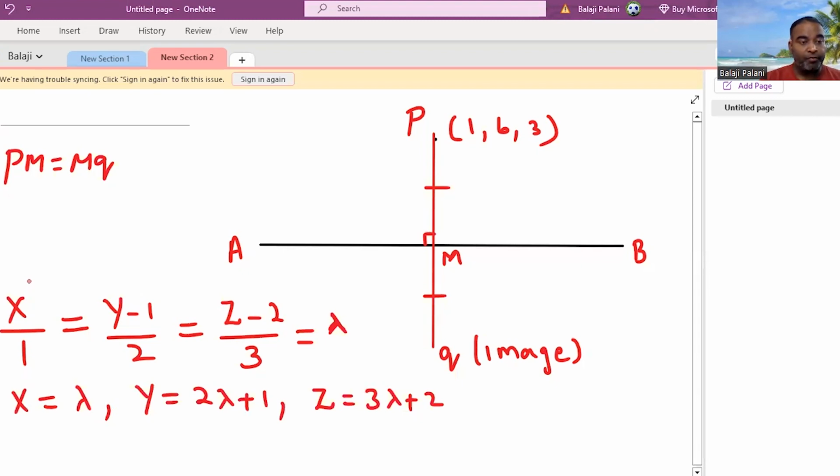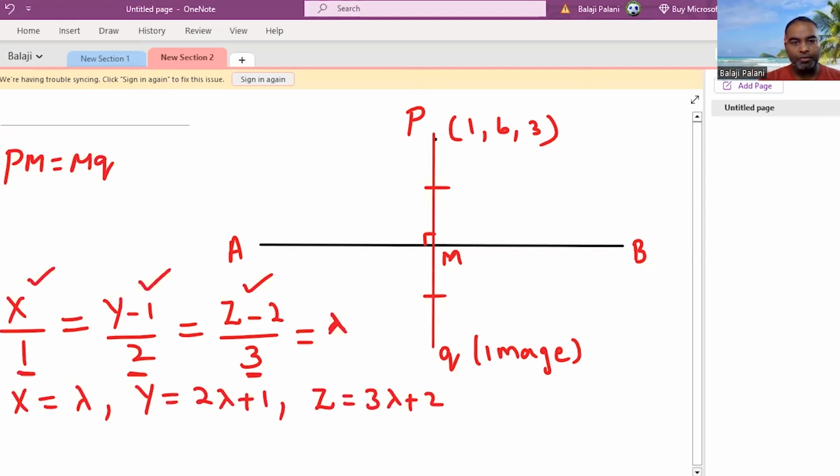Before that, verify whether the line is in the general form, x minus x1 by a. So the DR of the line is 1, 2, 3. Now we have to find the DR of the line PM, so that we multiply the DRs, equate to 0, and find lambda.